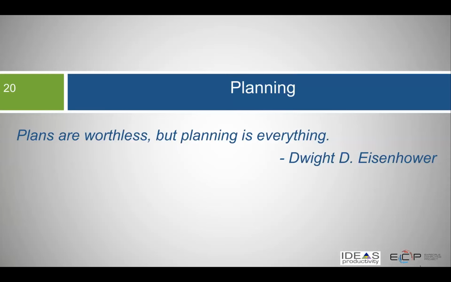Many people say this, I think, but it's attributed to him, that it's the planning process that's most important, that you tried out in your head a variety of approaches to solving the problem. You write down a plan, you start executing it, and shortly after you start executing it, it's no longer exactly relevant. But because you've explored other options, you have a mental model for adapting your activities to still benefit from the planning activities you did.